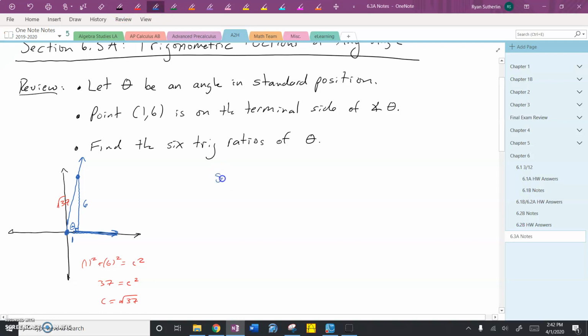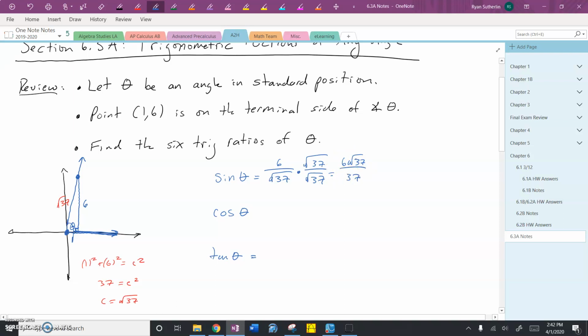So we have sine, cosine, tangent. We'll do those three first. Remember, sine is, from our angle, the opposite over the hypotenuse, so 6 over root 37. If the problem tells you to rationalize, that means you multiply top and bottom by root 37 so that you don't have a square root in the denominator.